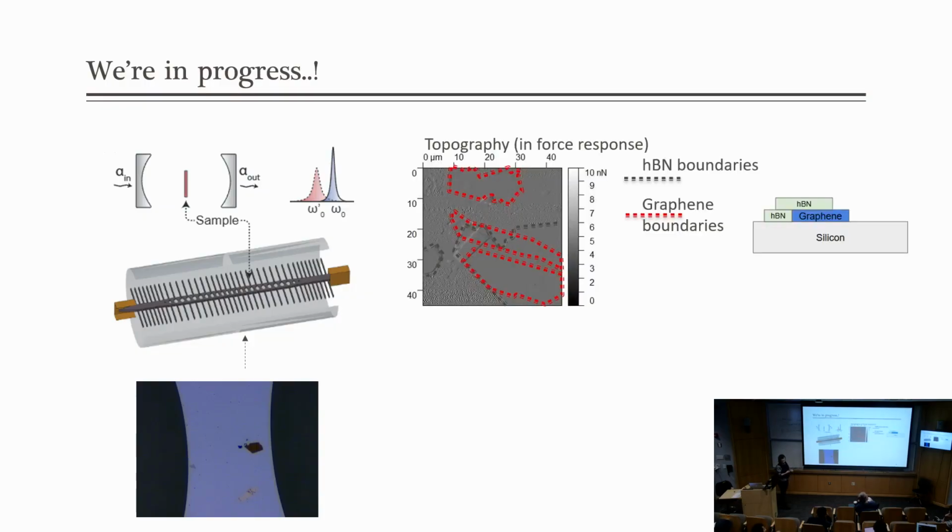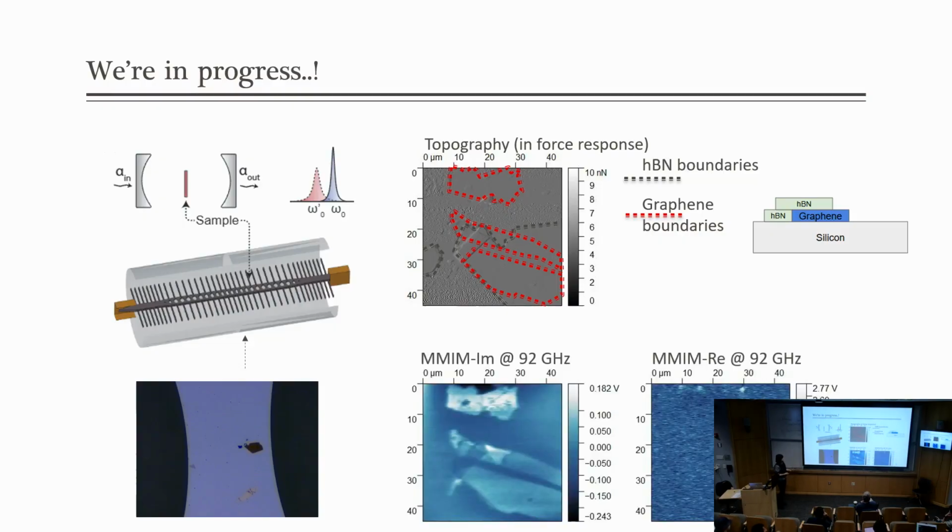This is still a trial sample at room temperature of graphene and hBN, but we can see very clearly the boundaries of graphene and hBN, so we can see the conductivity contrast there. This is at a frequency of 90 gigahertz, so millimeter-wave MIM. We would like to bring it down to low temperatures to measure those systems again and see what we can get out of it.